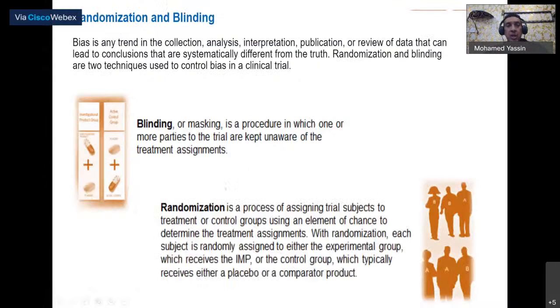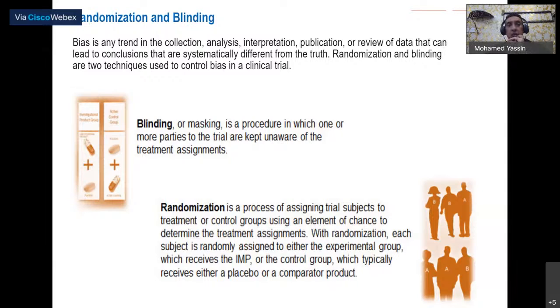So when we talk about clinical trials, one of the main features and landmarks of clinical trials are blinding and randomization. And we are doing blinding and randomization to eliminate bias in clinical trials and to have a scientific publication with scientific integrity.